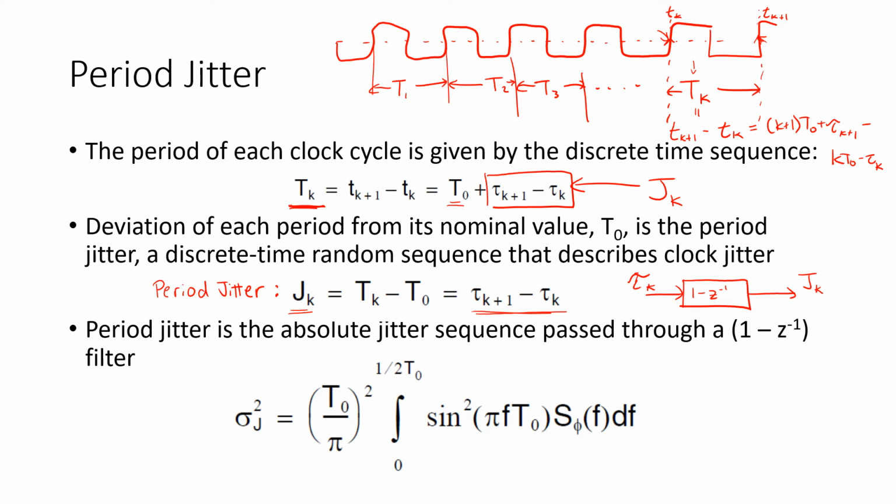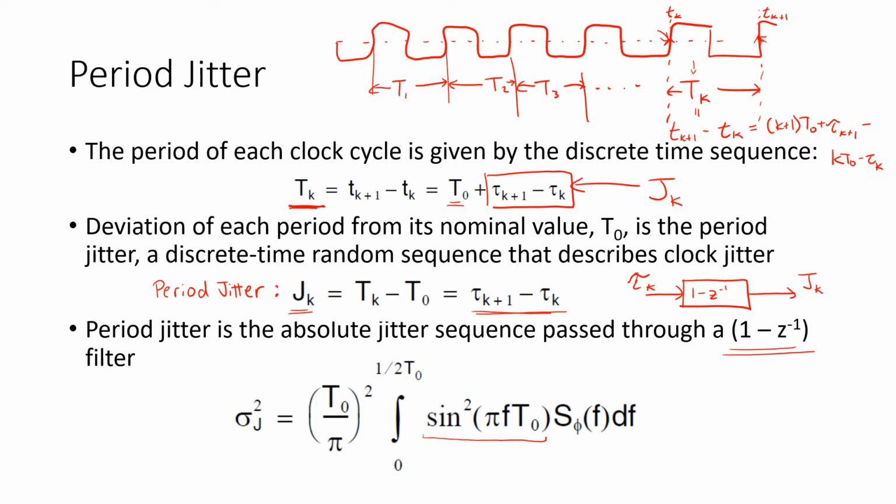So when we're looking at the jitter sequence J_k, which again is something that we can look at on an oscilloscope, for example, what we're seeing is a filtered version of absolute jitter, filtered by this discrete time differentiation. Its frequency response is a sinc function, so that's captured by this term here.